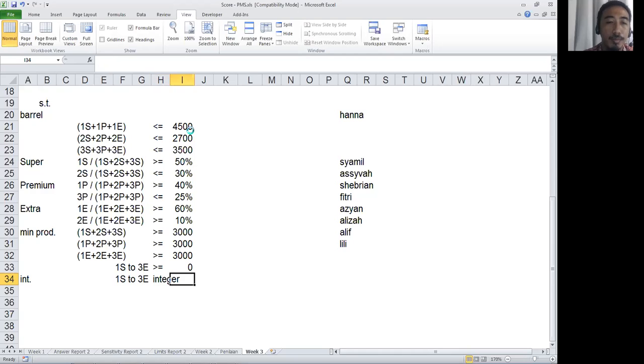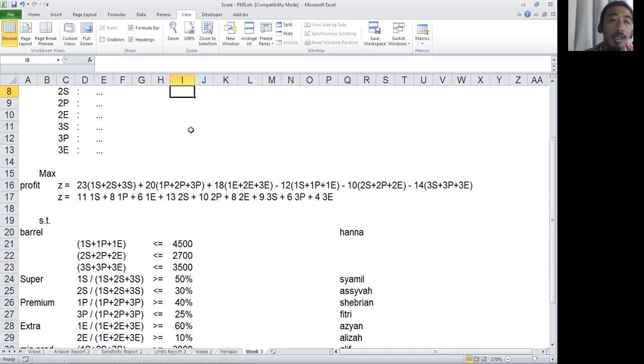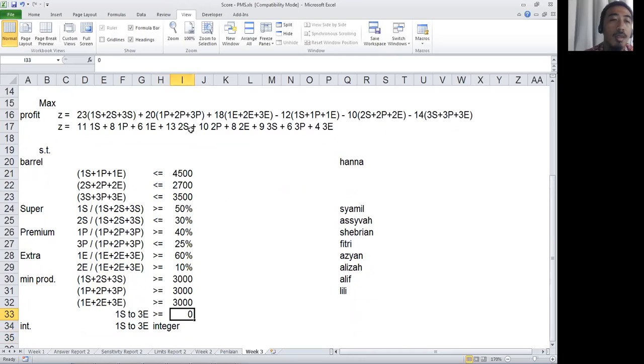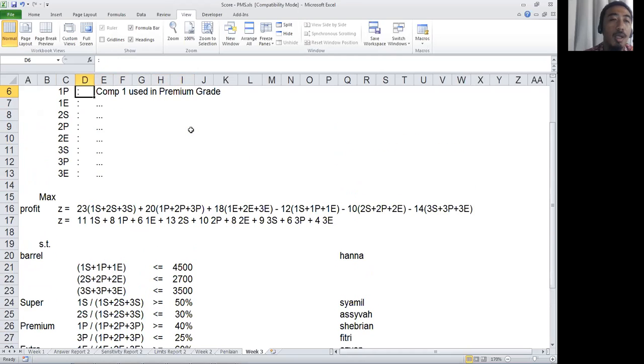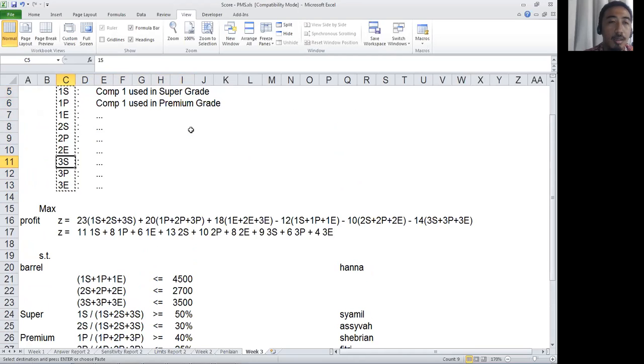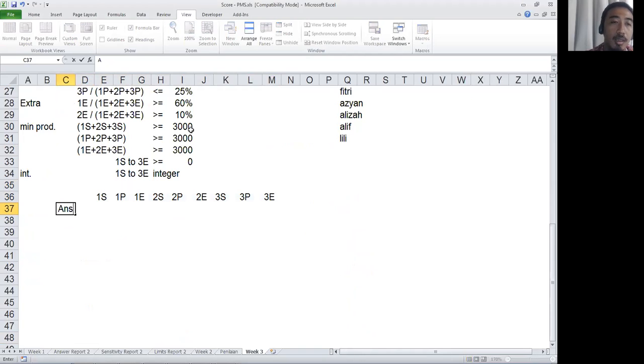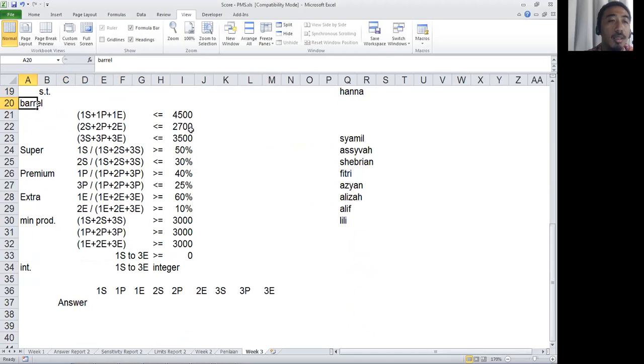Okay. Now let's try to solve this using solver. Then I will put these variables in a column, like this. And then the first one is the answer, and then the next is the constraint.